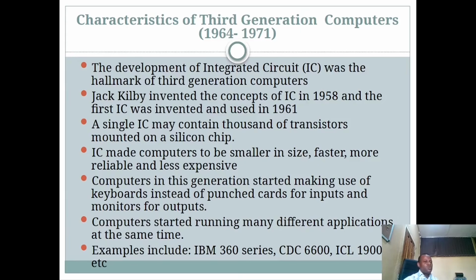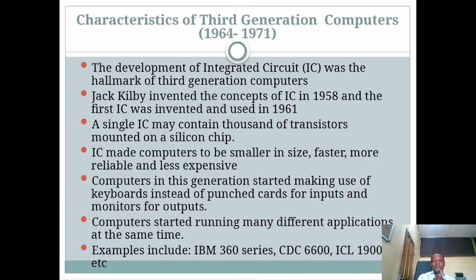One other thing you should know about third generation computers is that computers in this generation started making use of the keyboard for input instead of punch cards. Remember that in first generation and second generation, we had to rely on punch cards for input and printout for output.